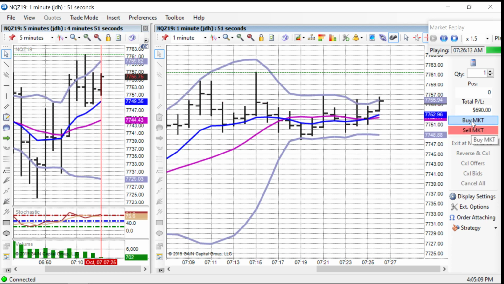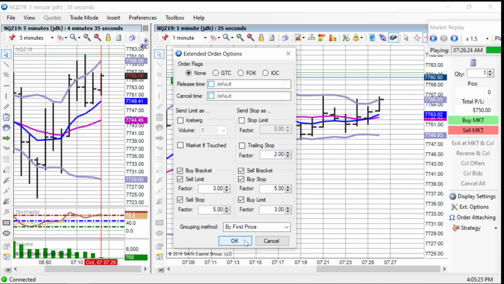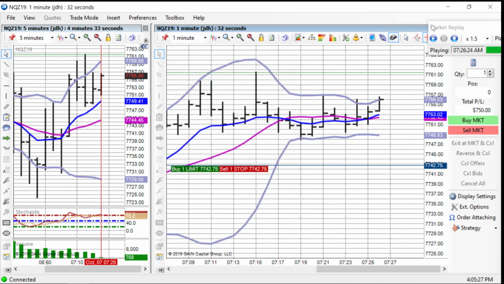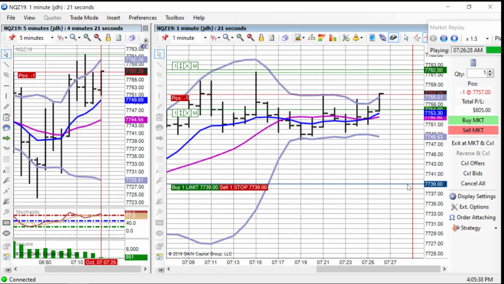Whoops. I don't know what happened there. Yeah, something's messing up. Let me see here. Well, there's some glitch here. That's weird. I have no idea why it's doing that.